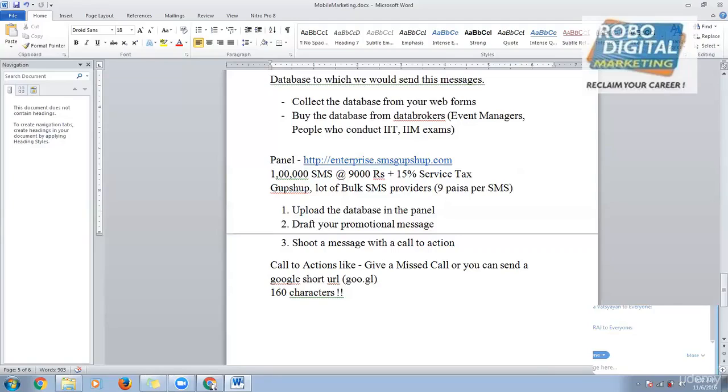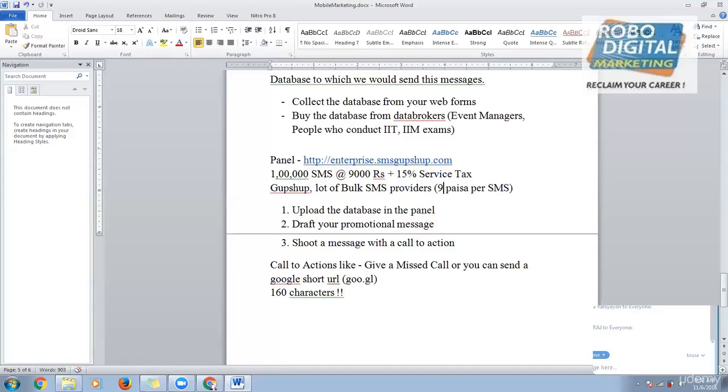Okay, if somebody is giving you less, that means what happens in that kind of SMS is, when you upload an Excel sheet of a 1 lakh database and send it to all your subscribers, it will not go to all these subscribers. So they have what are known as 70% panel, 30% panel, and 50% panel. What does that mean?